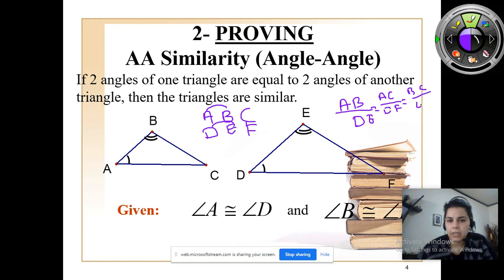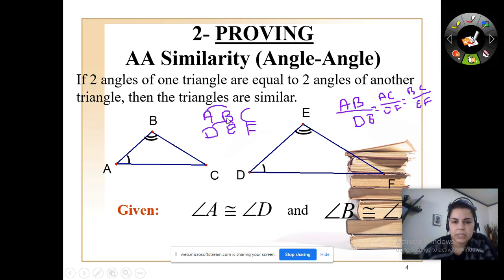When I have two equal angles, I can deduce that the two triangles are similar, and I can directly deduce the ratio of similarity. You write the equal angles under each other: A is equal to D, B is equal to E, C is equal to F, and then write AB over DE is equal to AC over DF is equal to BC over EF. This is the first method to prove similar triangles.